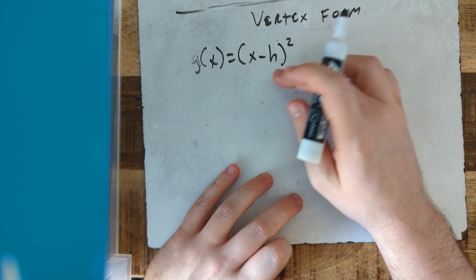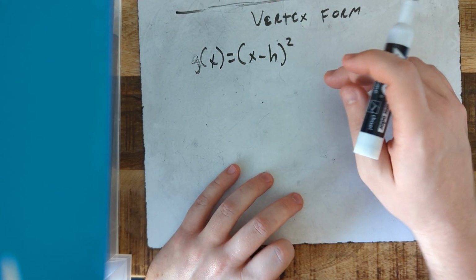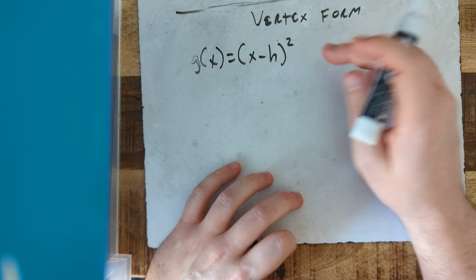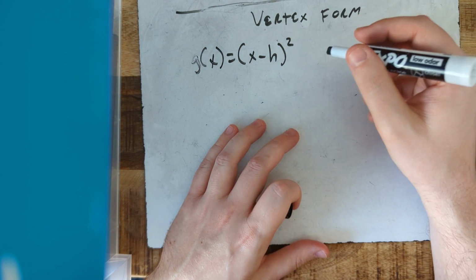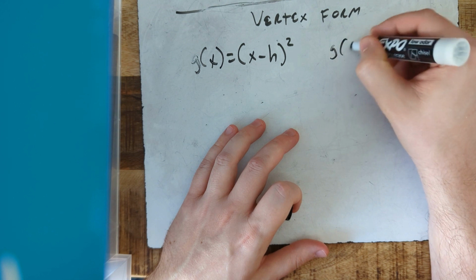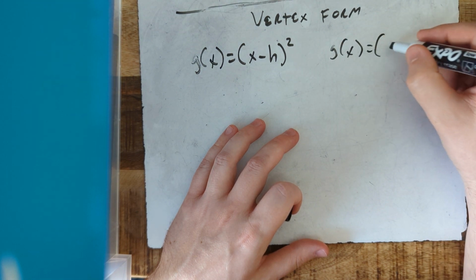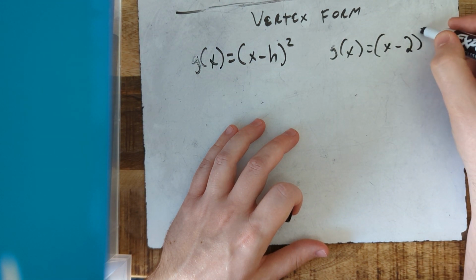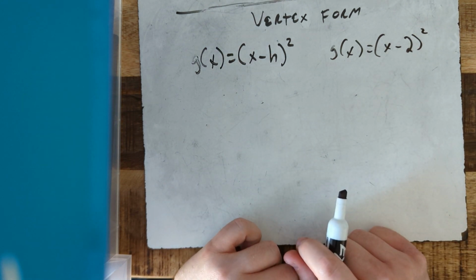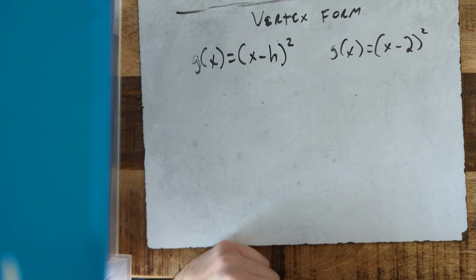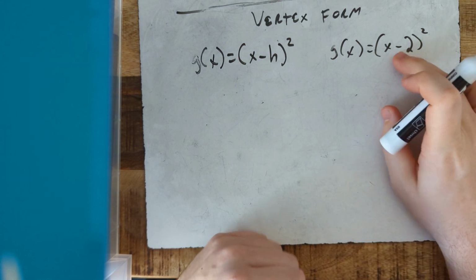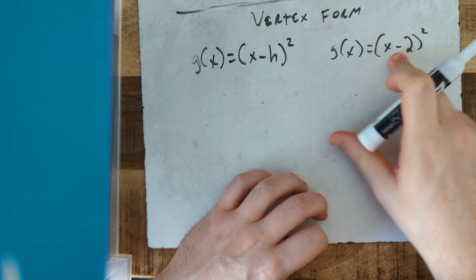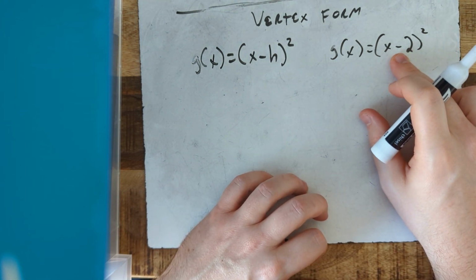Okay, so if we look at our graph here, let's say we do g of x equals (x minus 2) squared. Now, the important part, this is very important to remember, is that whatever sign is in the middle determines which way you go, left or right.